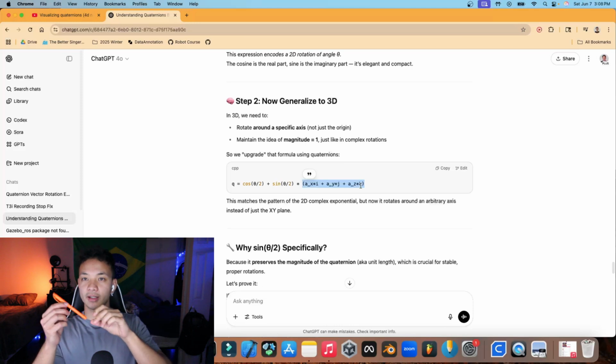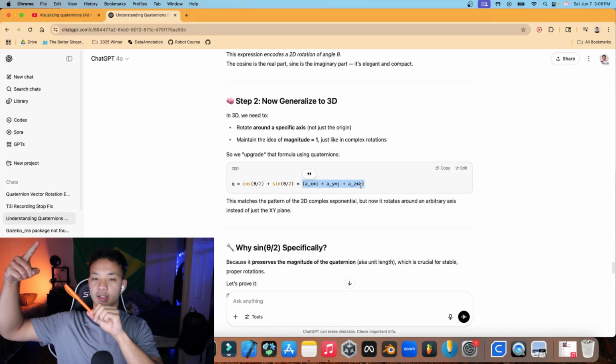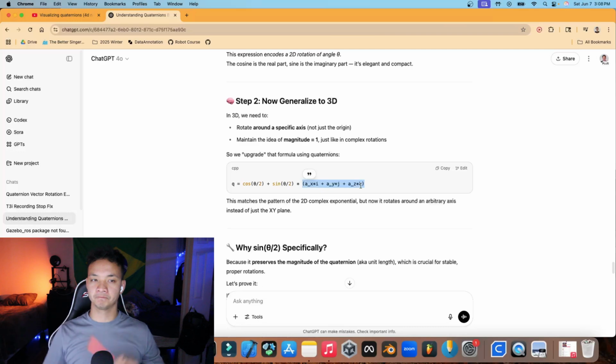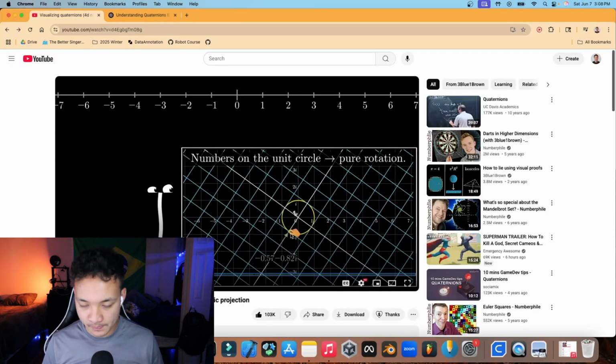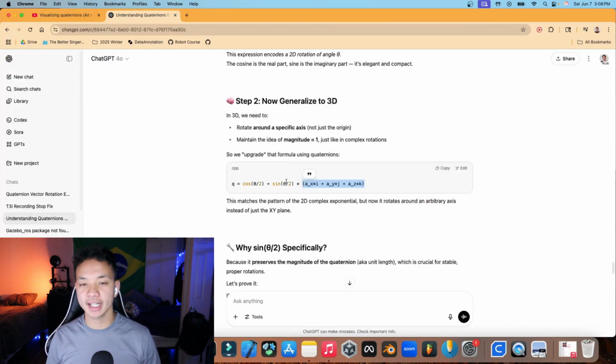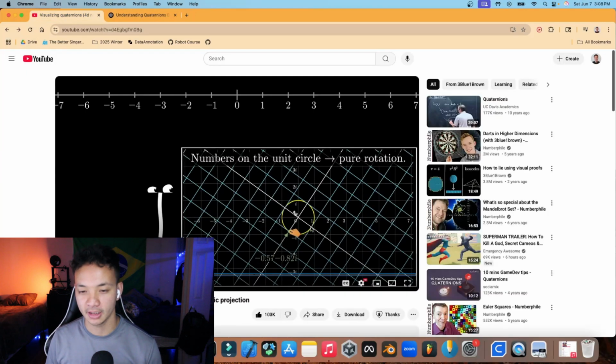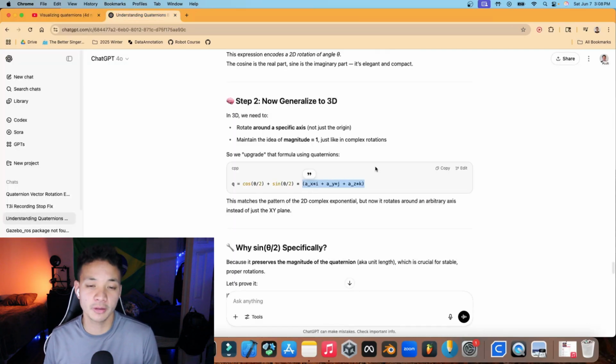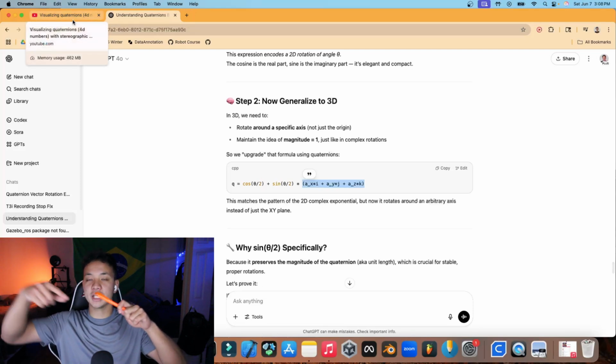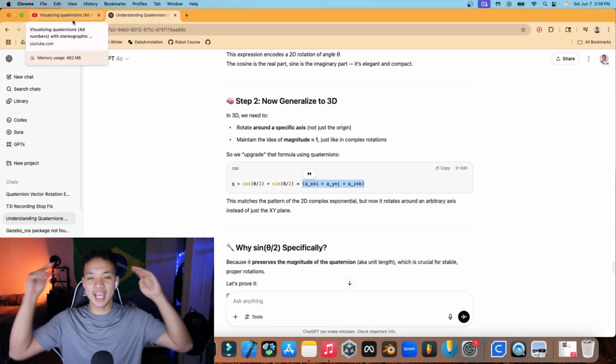So instead of it being just a vector, it makes it into a rotation rather than something multiplied onto another vector in space. So I guess it normalizes it. Is that a word? And then this cosine angle over 2 is the amount of rotation we're doing because it's in 4D space. Okay, we got it.